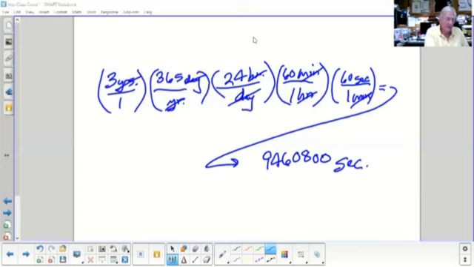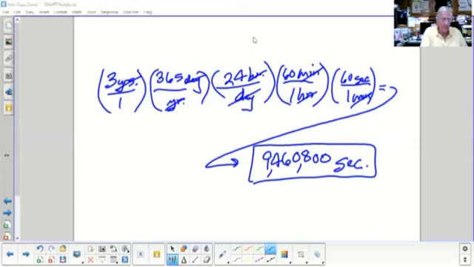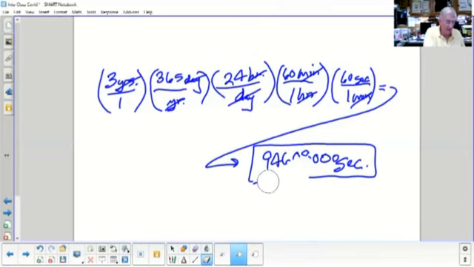9460800. So that would be the number of seconds. I did that wrong. There should be a 0 here. So let me erase that. Let me erase the commas. Let me put this back like this.